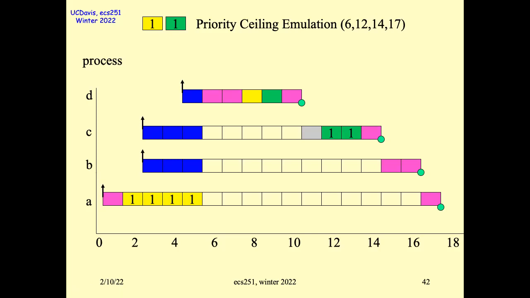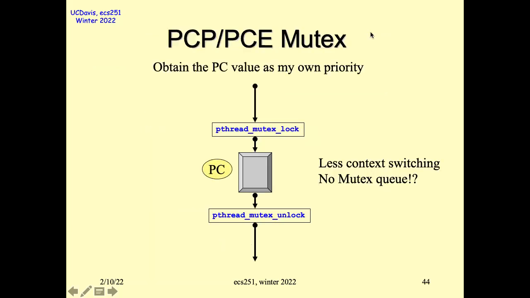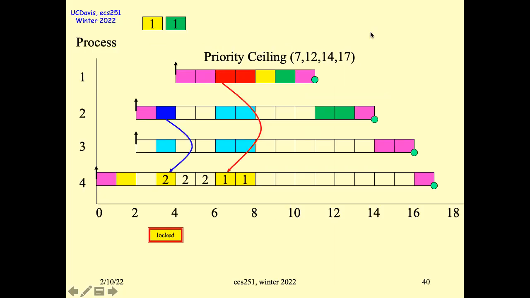If we only have 3 and 4, with priority ceiling emulation, I will immediately delay your time by 3. So take a look at this. Task number 3 is 14. It takes 14. Is this still 14? Yes, it's still 14 for priority ceiling emulation.